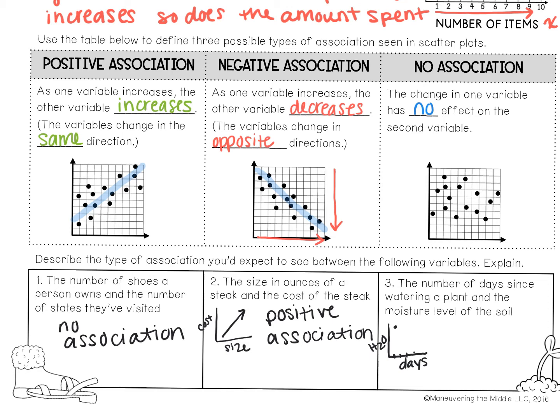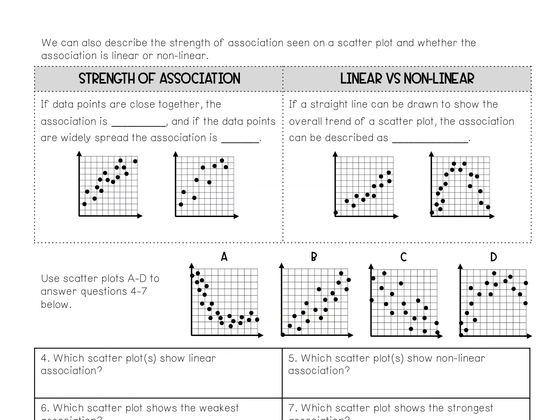But as the days go on and we have things like the plant absorbing the water and evaporation, that amount of water in the soil is going to go down. So this is a negative association. Or a negative correlation.